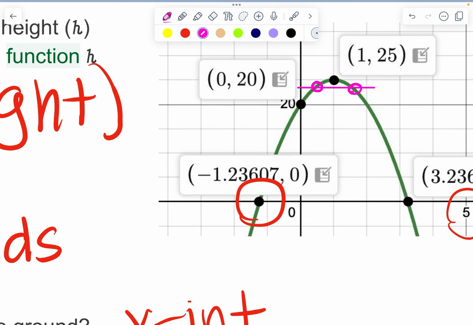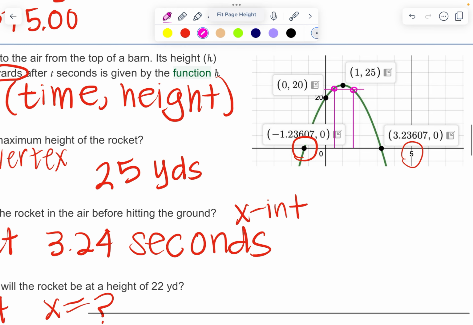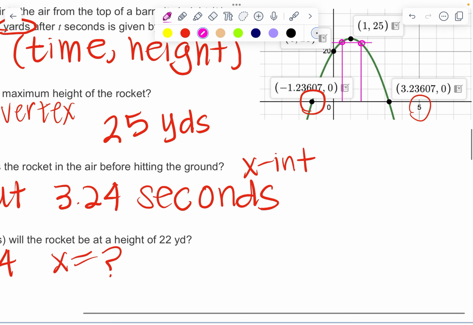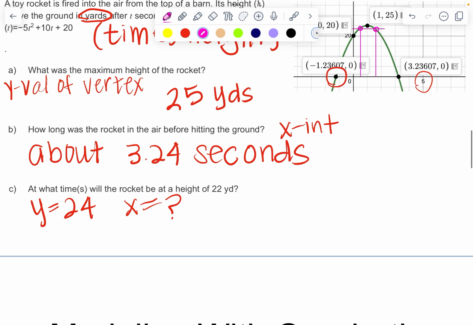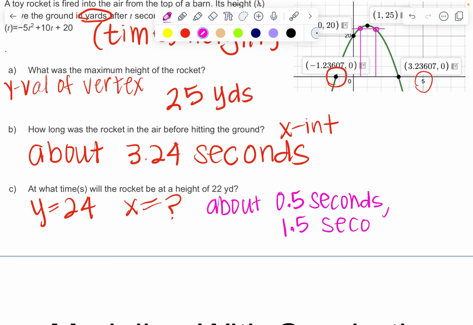What is x? So if I go down, this looks like it's about 1/2. And this one looks like it's about 1.5. So about 0.5 seconds and 1.5 seconds.